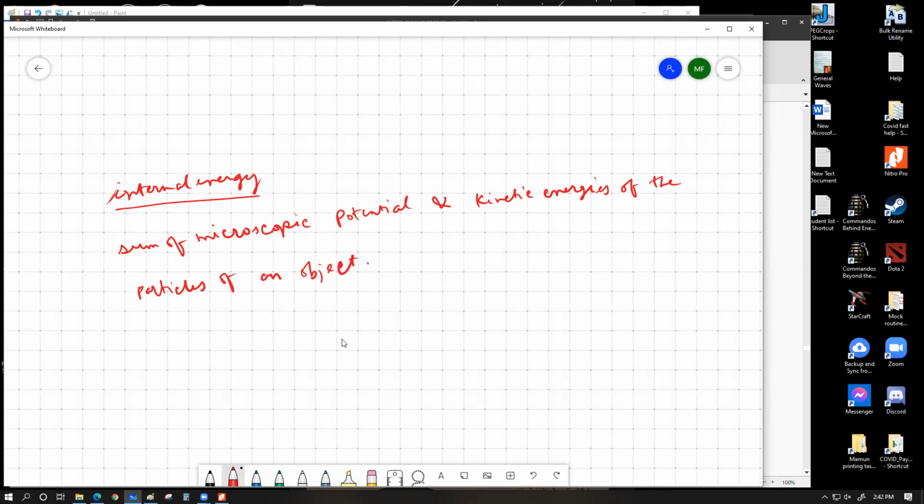The reason we define it as macroscopic, potential, and kinetic energies is because this means the individual energy that any object in any of its states can possibly have. Normally, in our regular life scenarios, objects can have three different states: solid, liquid, gas.